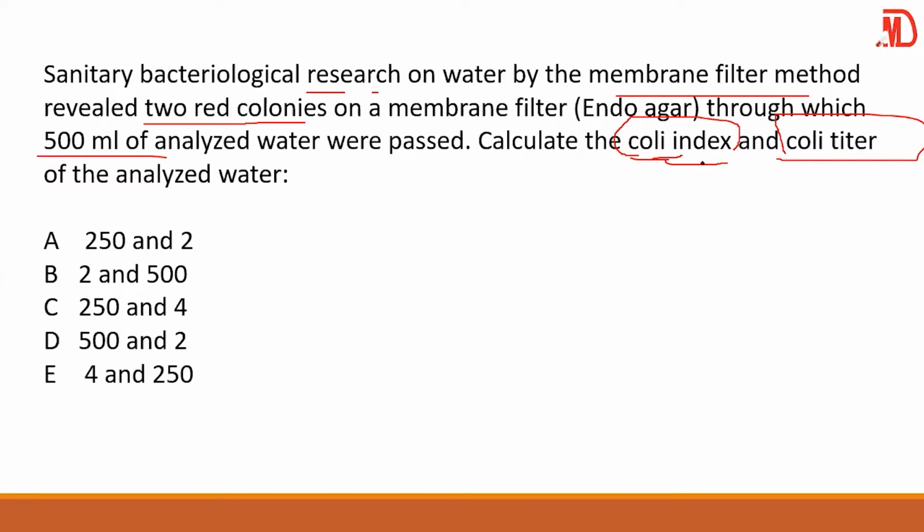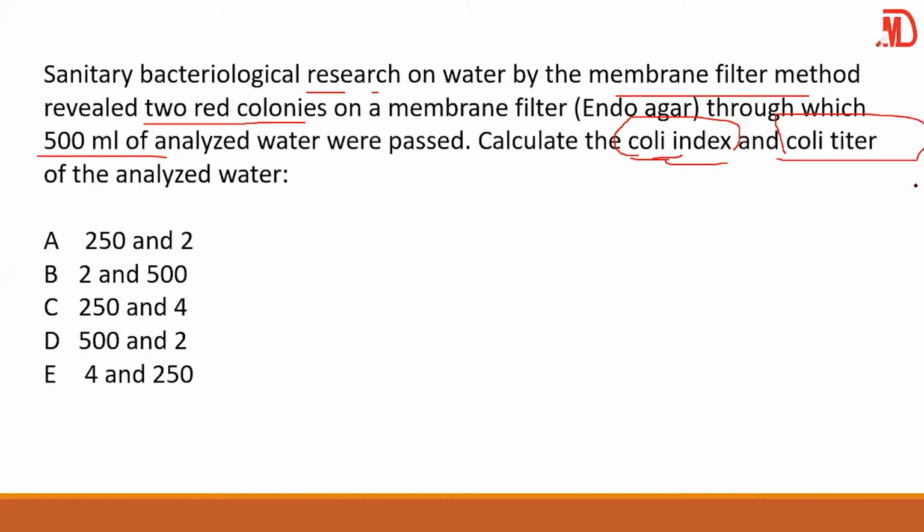They look similar, but you must understand the differences. A coli index is the amount of E. coli in 1 liter of water. Coli titer is the smallest amount of water where 1 E. coli is present. Two different things.